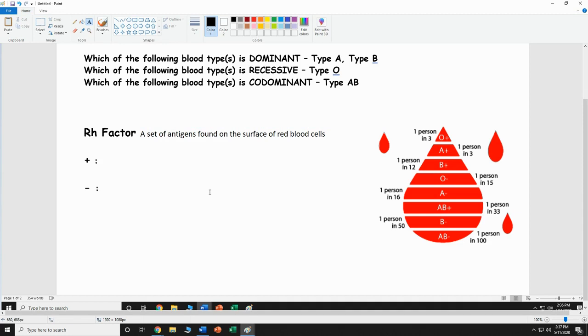So really what Rh factor is, you guys might have heard of blood types before. It's not just like, oh, I'm type B blood or I'm type AB blood. There's AB positive, AB negative. So these Rh factors are saying like, oh, you're positive or you're negative. All right.